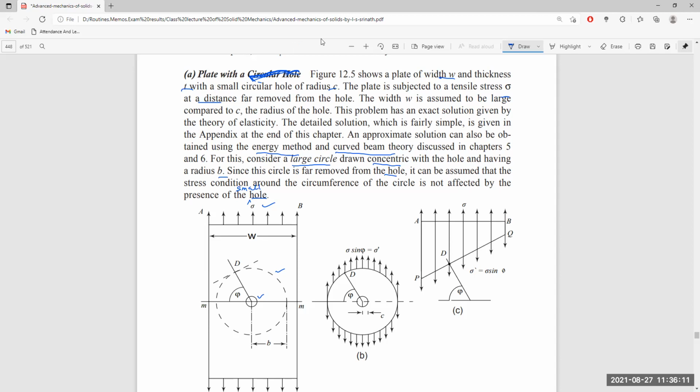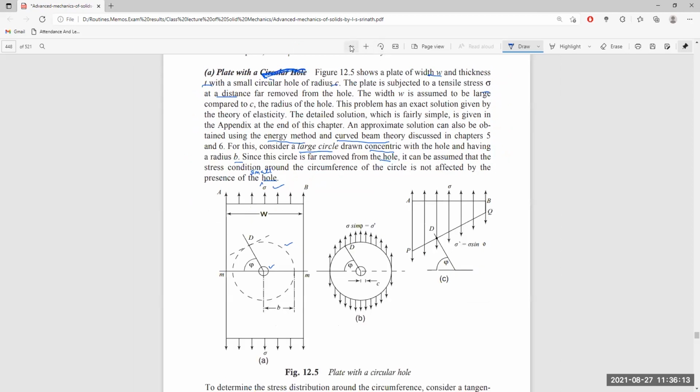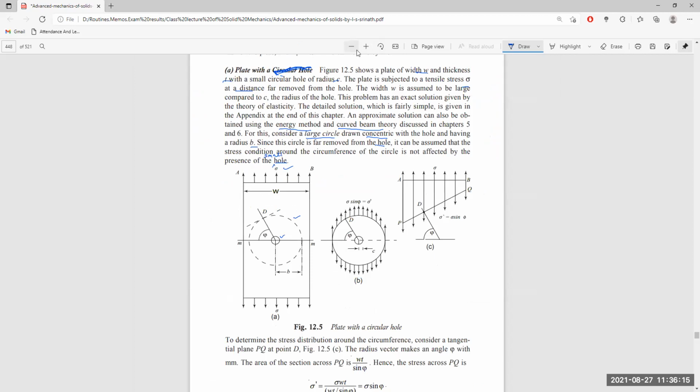Now what are we doing? Next, we have to understand the stress distribution along the circumference of this big hole. The stress distribution around our actual small hole is rather small and difficult to understand, so we go for the imaginary hole and calculate the stress distribution accordingly.